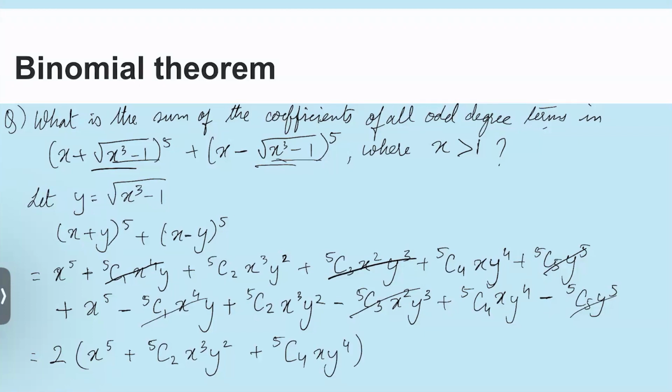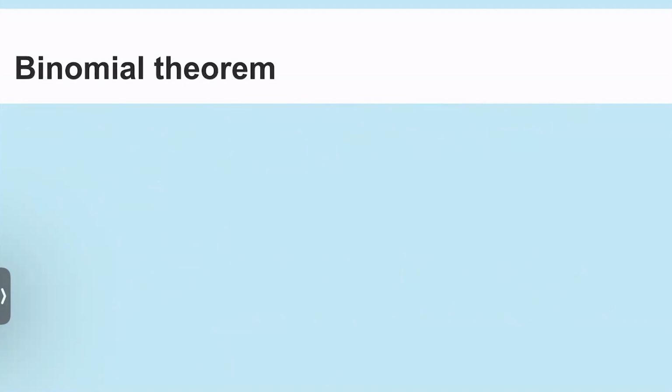Now we will put in the values for y as well as your coefficients. First let's put the values for the coefficients. So you have 2 times x to the 5 plus, and your 5C2 becomes 10 x cubed y squared, and you will have 5C4 as 5 x y raised to 4. Now we substitute for y.